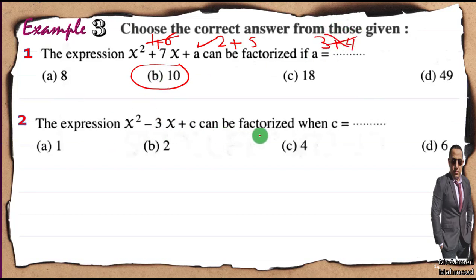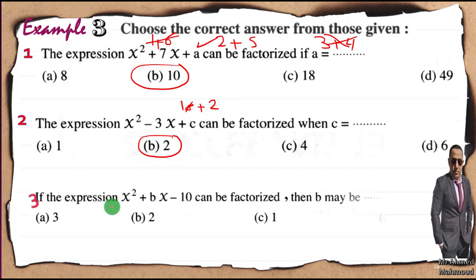This expression also can be factorized if c equals 3 equals 1 plus 2. So 1 times 2 equals 2, so c equals 2. Here, this is 10, and I need the middle. 10 equals 1 times 10, 2 times 5.